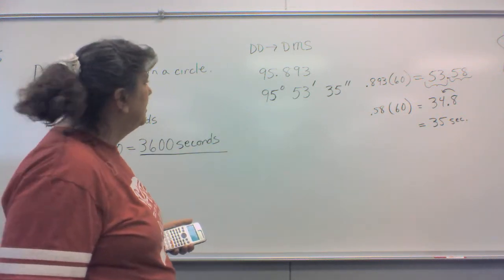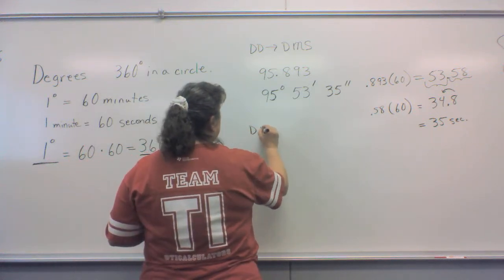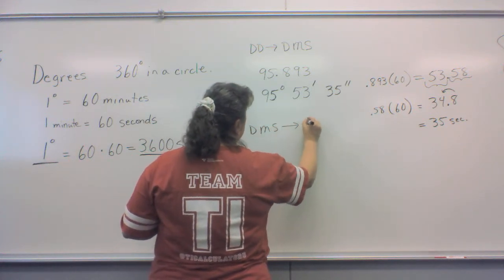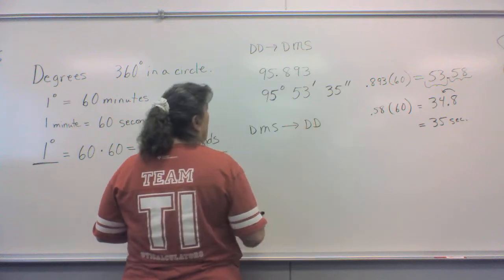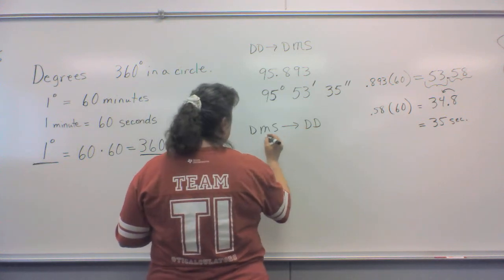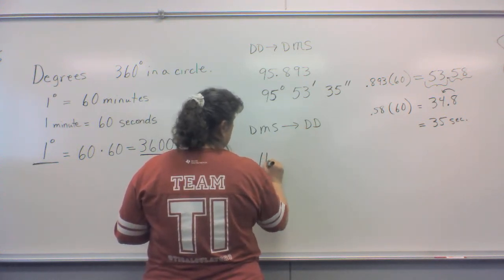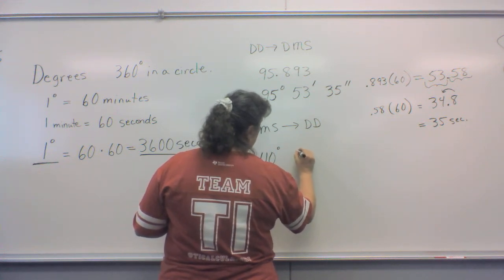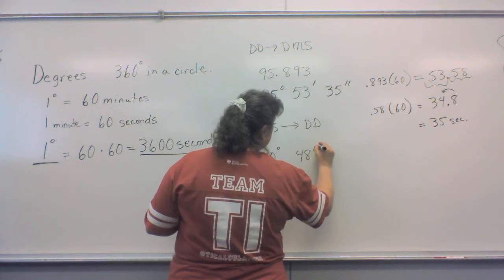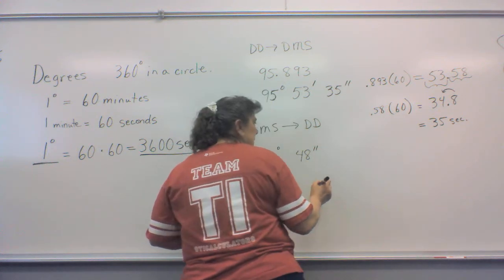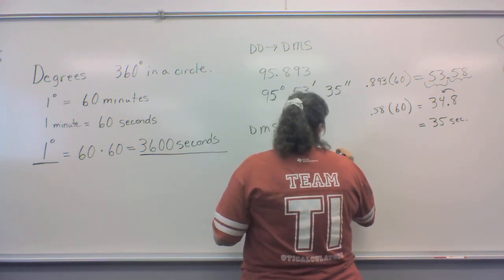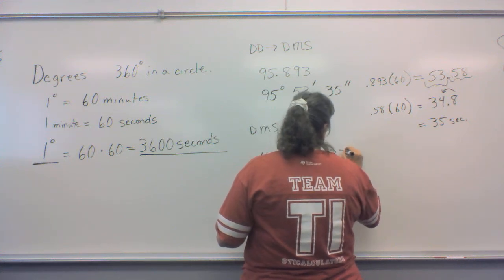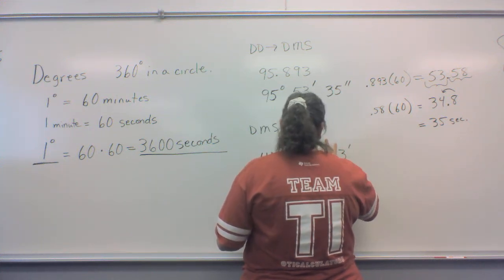Now let's look at the other way. Degree, minute, second to decimal degree. Okay, so let's do one like, let's see, 110 degrees and 48 minutes. And how about 33 seconds?